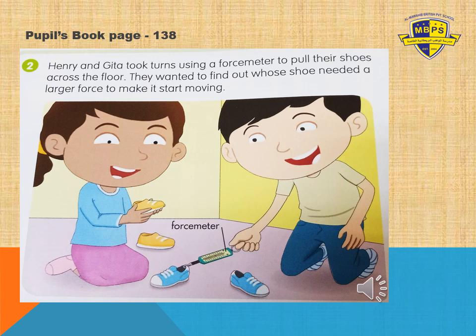They wanted to find out whose shoe needed a larger force to make it start moving. As you can see in the picture, Henry and Geeta have their shoes. With the help of the force meter, they will check whose shoe takes more force when pulling it, how much force is involved. So let's find out.